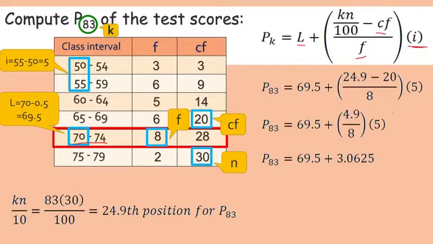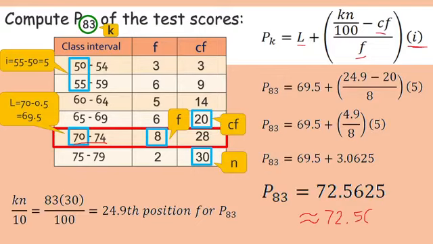Plus 69.5, that's 72.5625, or you can have this as 72.56. Any questions about our first example? Clear?